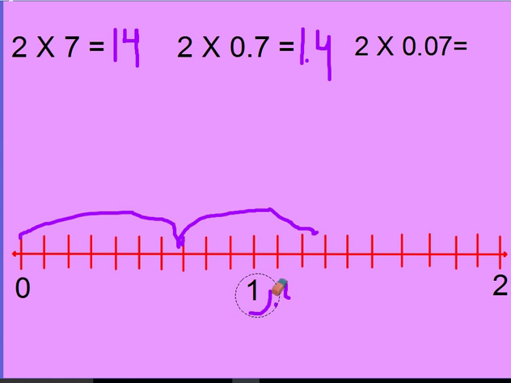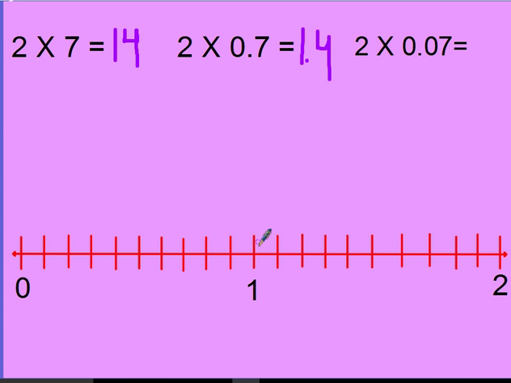So now our answer is 1.4. So let's erase this and let's look at this again. Now if we are jumping, let's say he only ran 7/100, so that means in between 1/10, because we know there's 100 hundredths in one whole.